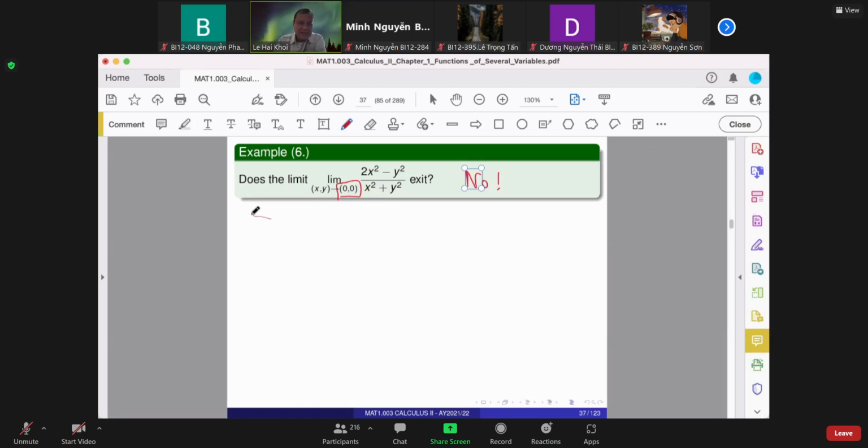The easiest path we can take is, for example, y equal to 0. This is the x-axis.